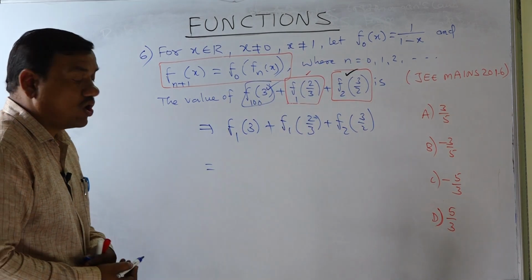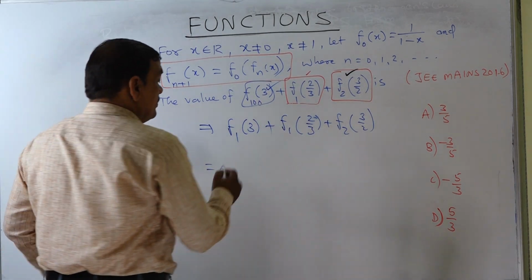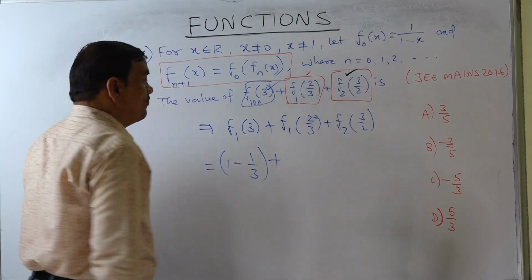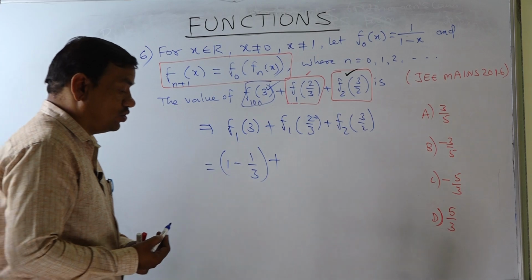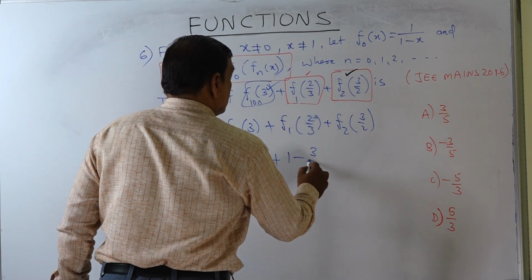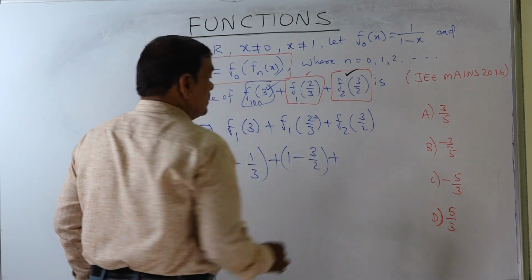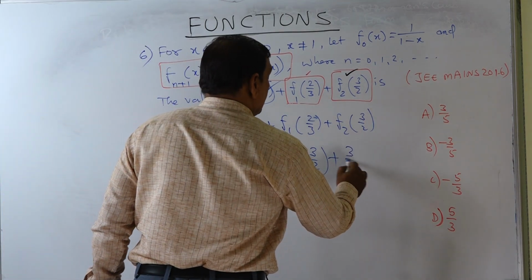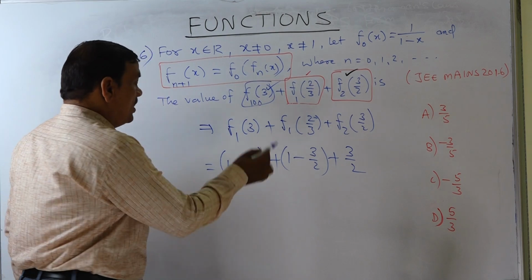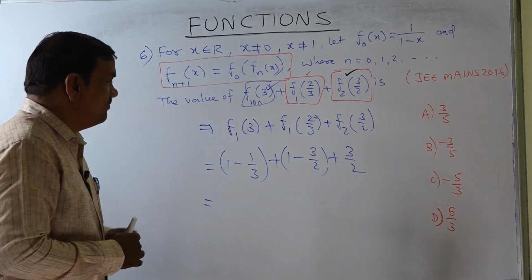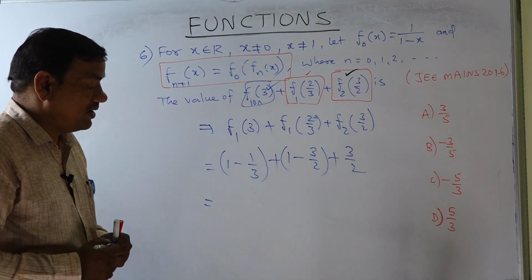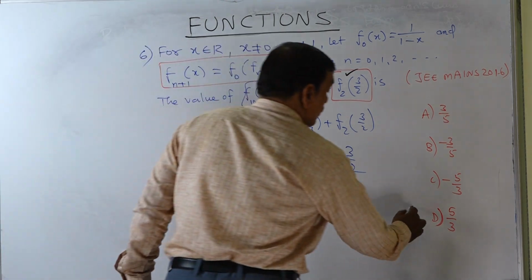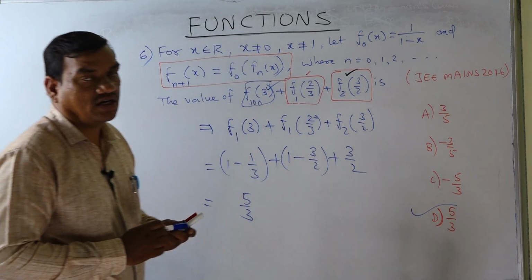What is the f1 of 3 value? f1 of 3 is 1 minus 1 upon 3, plus f1 of 2 by 3 is 1 minus 3 by 2, plus f2 of 3 by 2, which means x, the same 3 by 2 you will get. If you simplify this, you will get 5 by 3. So therefore, 5 by 3 is your correct answer.